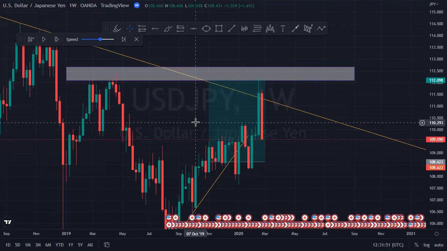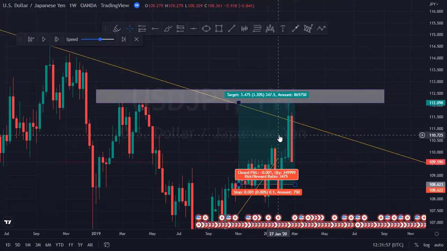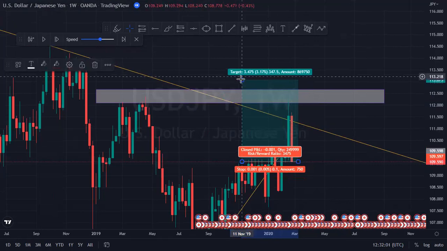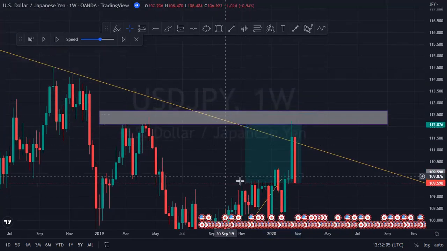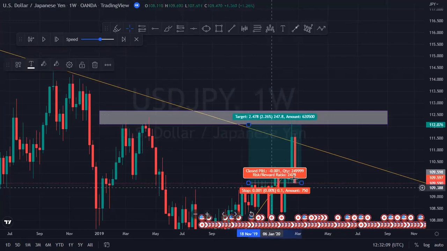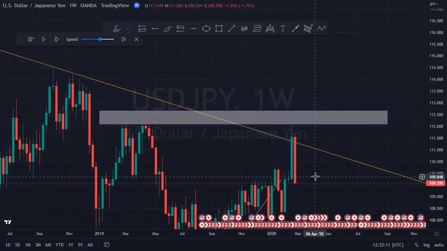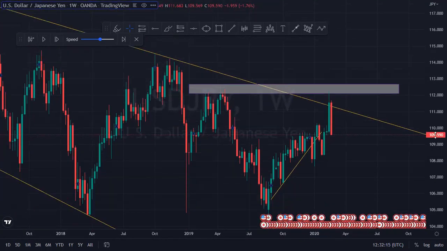So I took one loss, a break even, and a win. My win was 2% probably. Let me see. But it's not going to be precise because, as I said, let me just move this. 2% win, 1% loss, and the break even is of course zero.